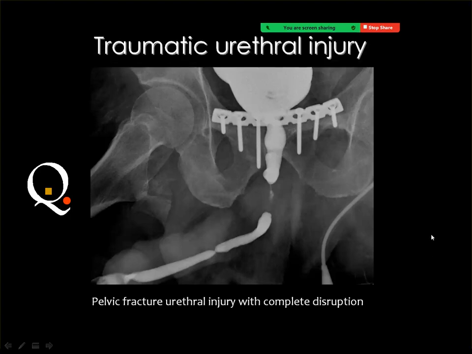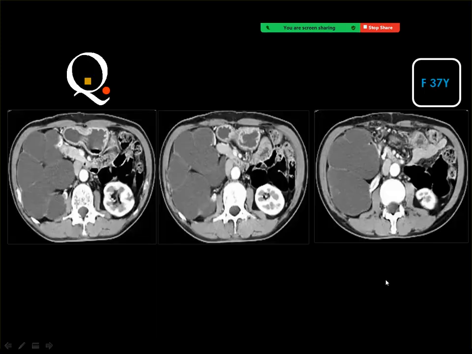Then the trauma may result in urethral rupture or urethral stricture, and the urethral stricture can be single and can be multiple sometimes.